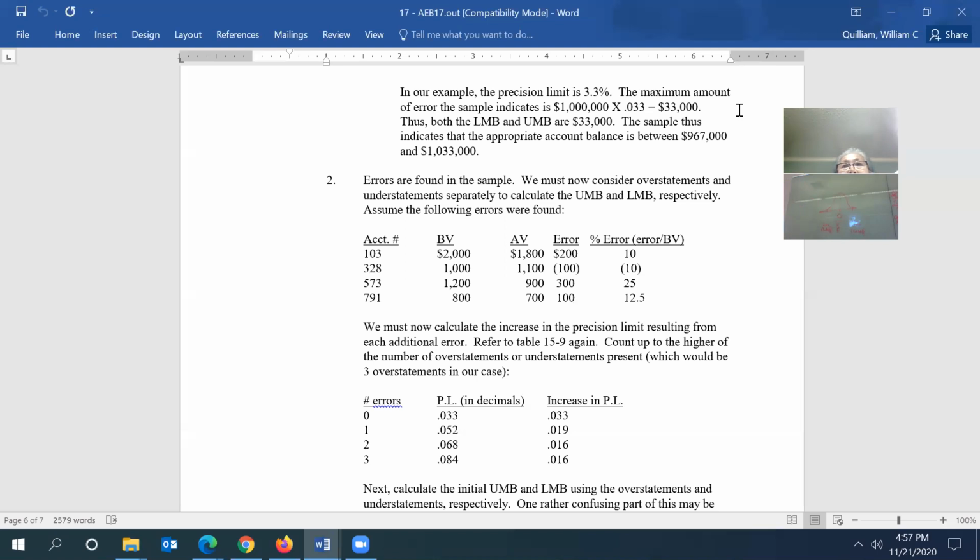All right. So X bar, the sample mean, is 0. But again, we reflect on the fact that this does not mean there is 0 error in the population. Instead, there could be up to 3.3% of error in the population. 3.3% of that book value is 33,000.